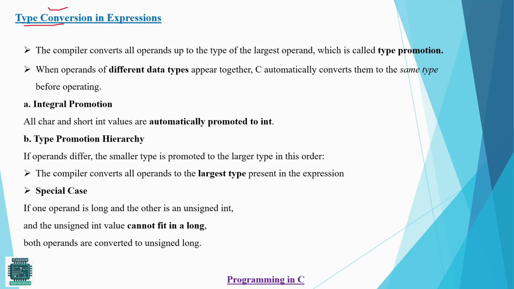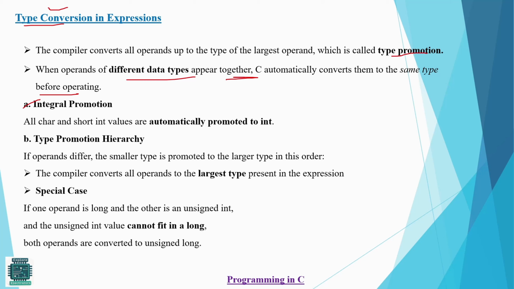The compiler converts all operands up to the type of the largest operand. That's what we call type promotion. When operands of different data types appear together, C automatically converts them to the same type before operating on them.